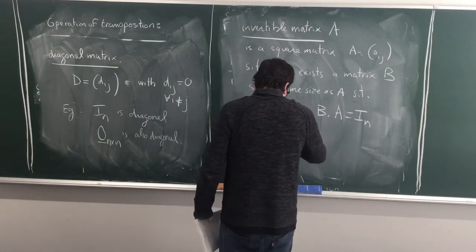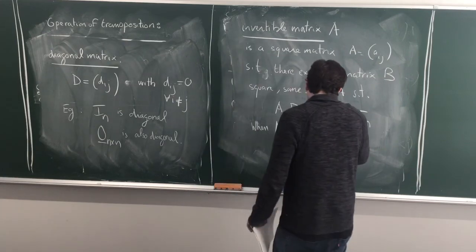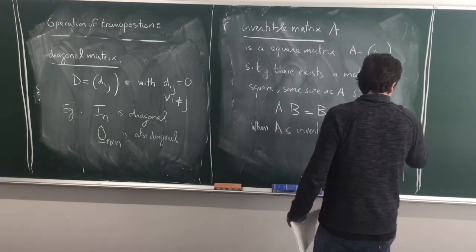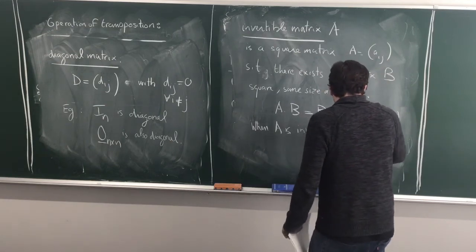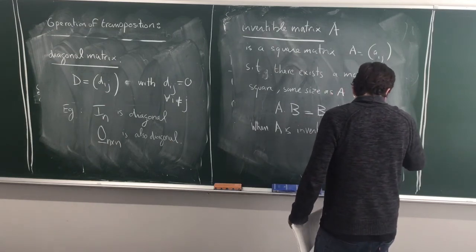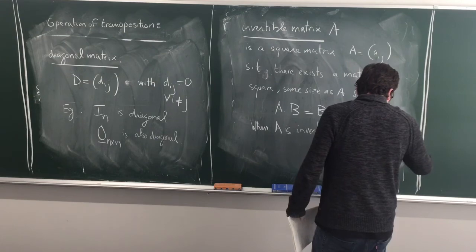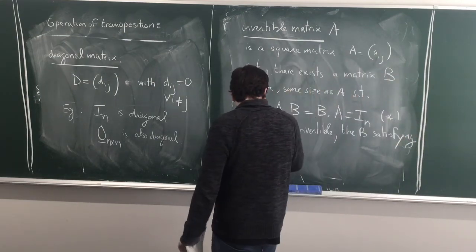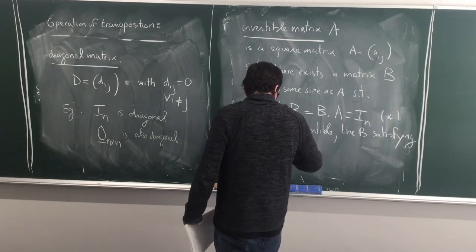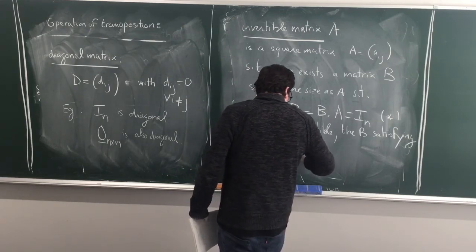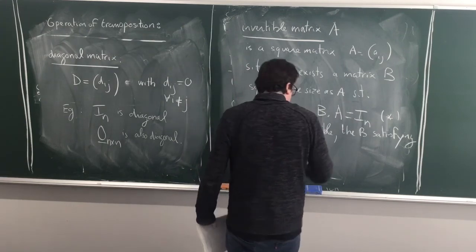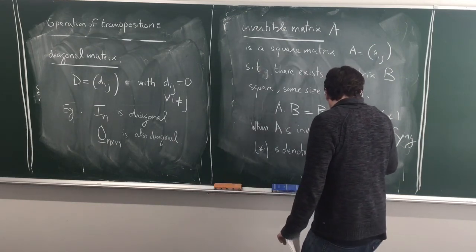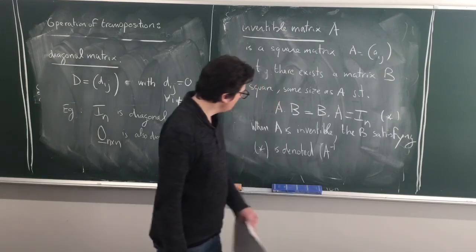When A is invertible, the B satisfying (star) is denoted A to the power minus 1, A^(-1).